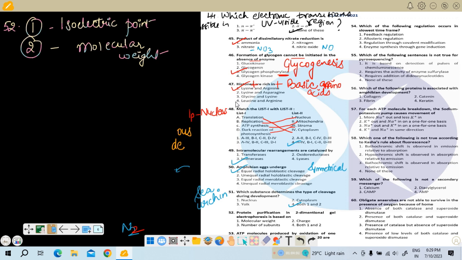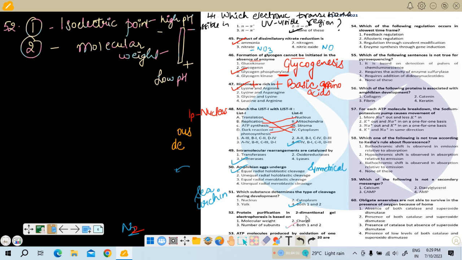So if we see isoelectric point, that is all about pH, high pH and low pH. Here we have high pH, here we have low pH, negative, here positive. So this is both 1 and 2, molecular weight and charge.